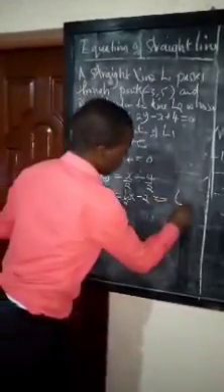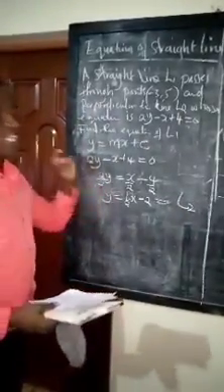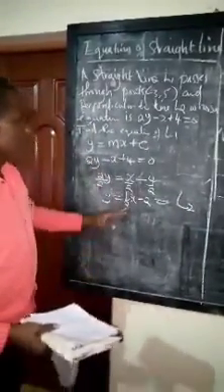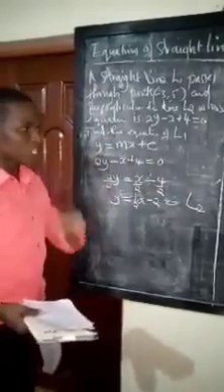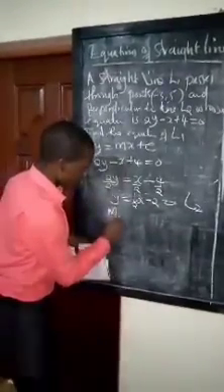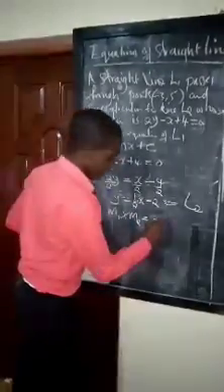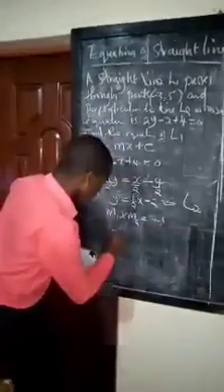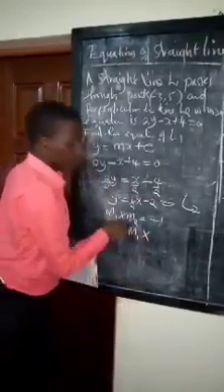Remember, there is a relationship between the gradients of two lines that are perpendicular to one another. We said gradient 1 multiplied by gradient 2 will give us negative 1. Therefore, negative 1 equals m1 multiplied by m2.